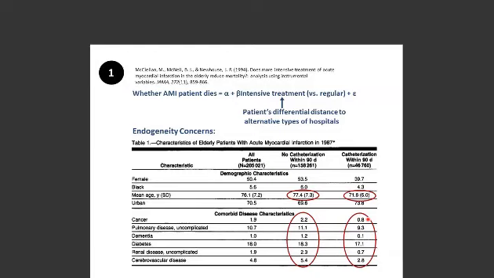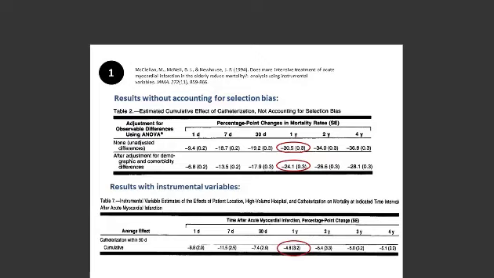When we do account for that selection, we would expect this beneficial effect to reduce. And we do see that once the authors account for that selection problem, the estimate changes substantially. So you should have a hypothesis on what you expect would happen.